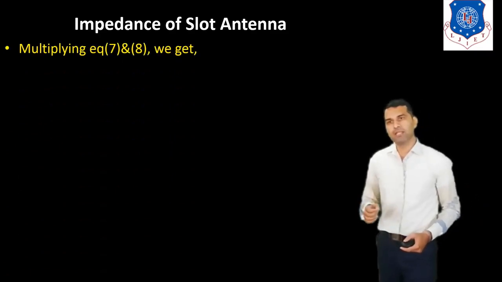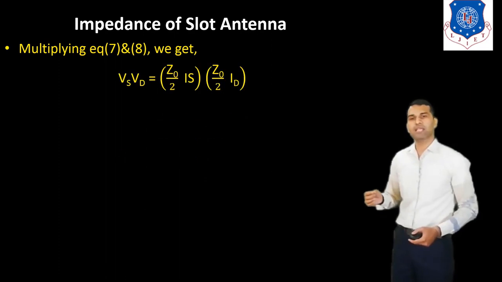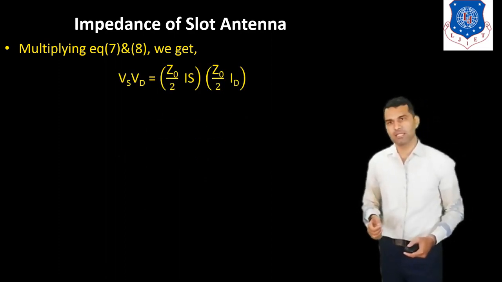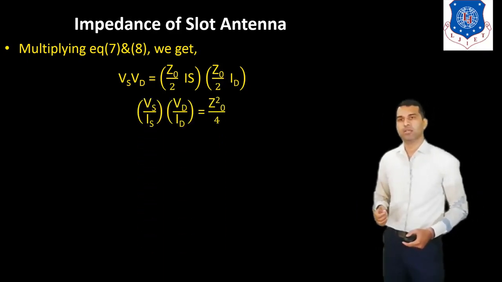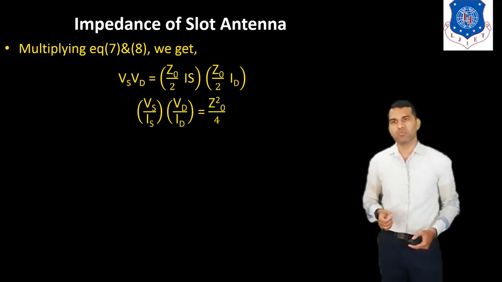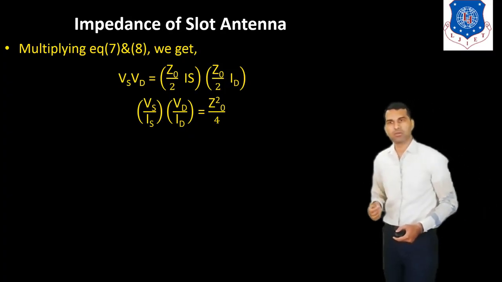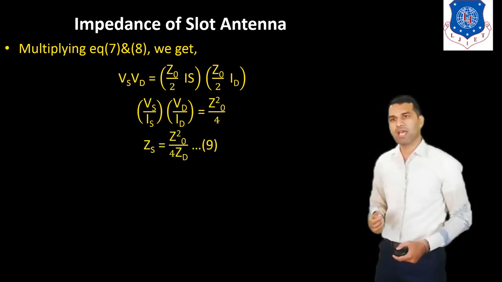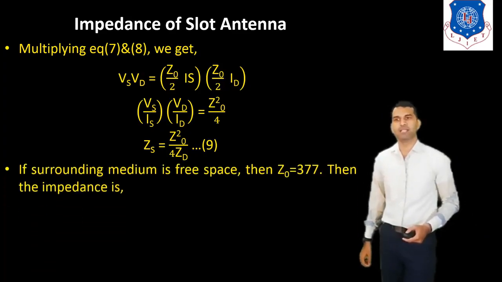Now we multiply equation number 7 and 8. So we get Vs times Vd equals Z0 by 2 into Is, times Z0 by 2 into Id. So we can simply write Vs upon Is times Vd upon Id equals Z0 square by 4. So simply we can write Zs equals Z0 square upon 4Zd.